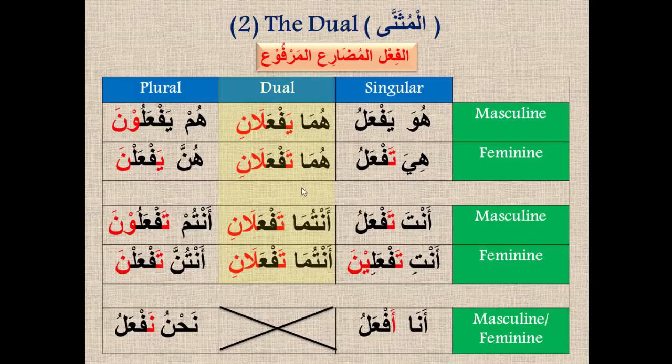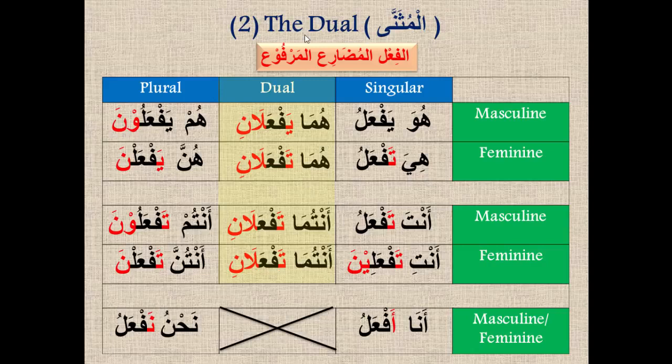We have huma taf'alani, third person feminine dual, as well as antuma taf'alani for the second person dual, masculine and feminine. So this comes up a total of 3 times. And again, context would indicate which situation, which case we are referring to.